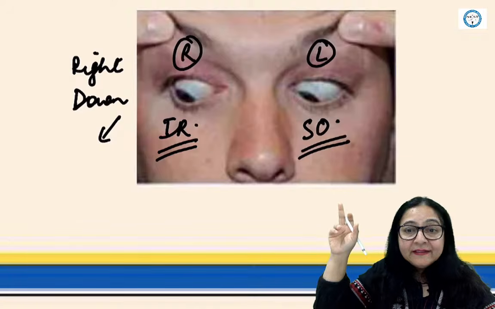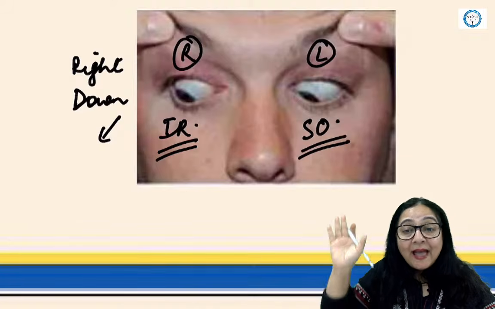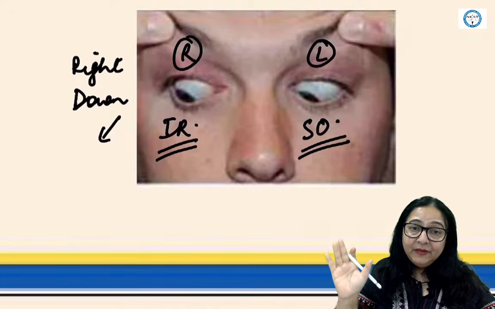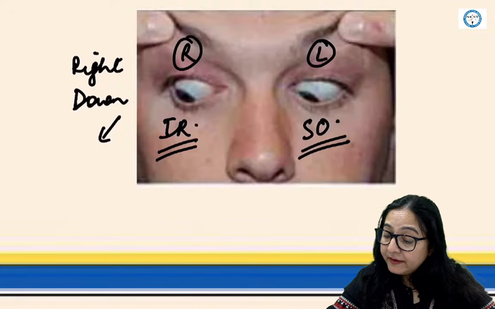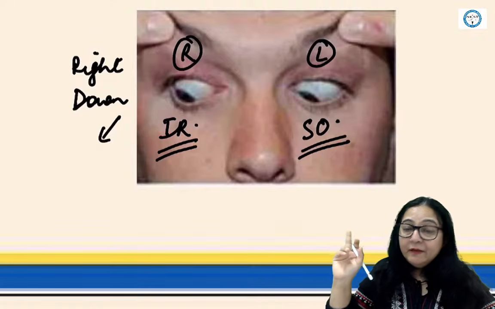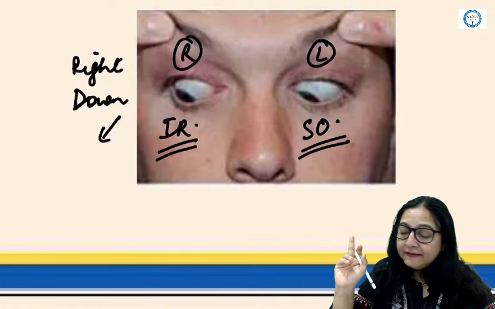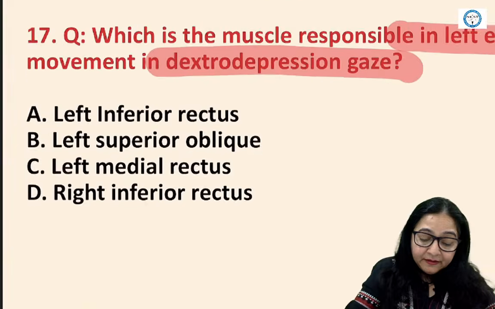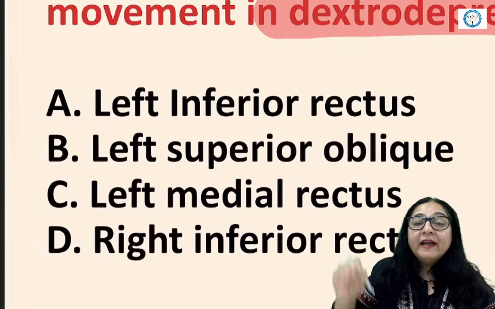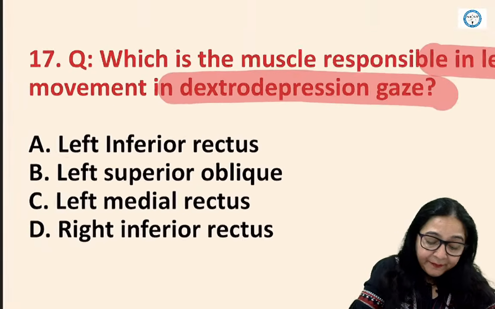Here it is down and adducted. Right and down. ठीक है डॉक्टर द्विवेदी? Medial rectus is not the answer here. The answer here is left eye superior oblique. ठीक है?